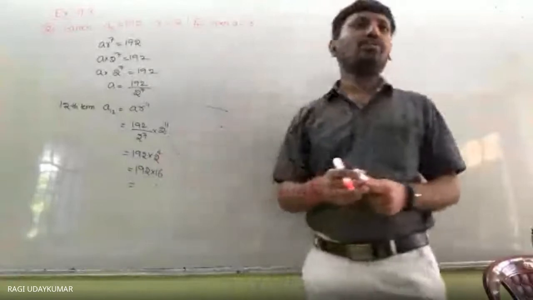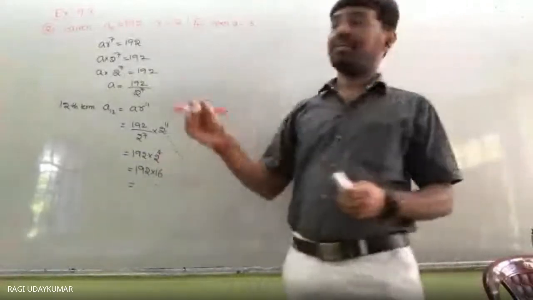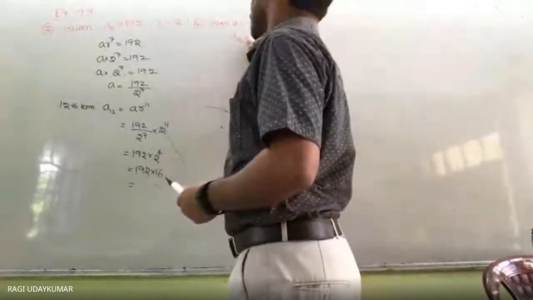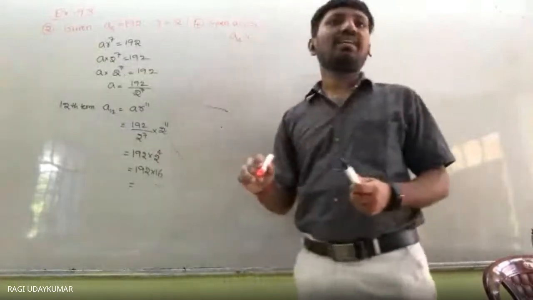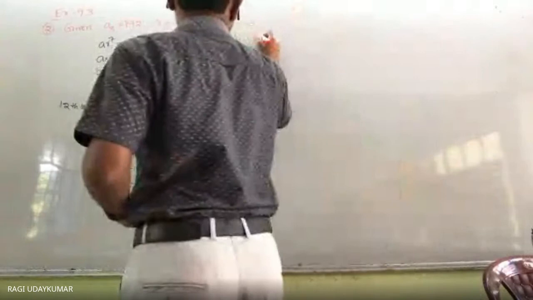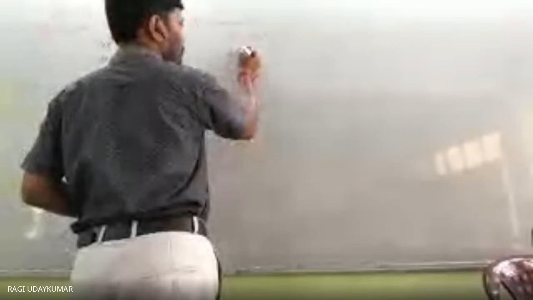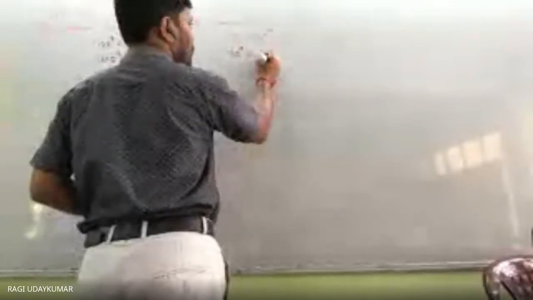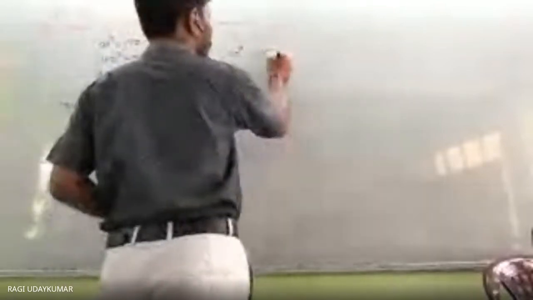Also given is the fourth term of the geometric progression, that is A4 equal to the square of the second term, so A2 squared. And we are asked to find the seventh term. A4 is a r to the power of 3, and the second term is a r, whole squared.